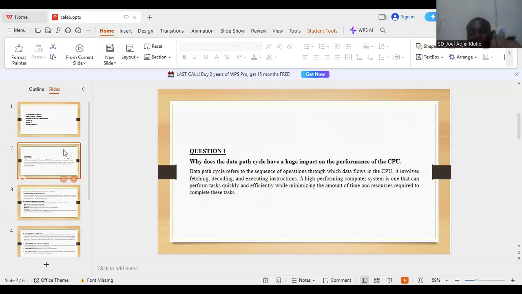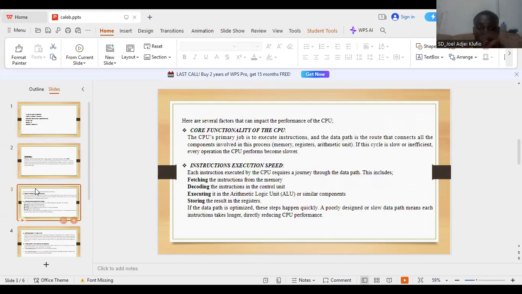A high-performing computer system is one that can perform tasks quickly and efficiently while minimizing the amount of time and resources required to complete the tasks. There are several factors that can impact the performance of a CPU, but due to time, I'll limit myself to only four or five.